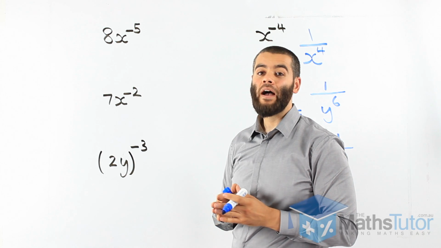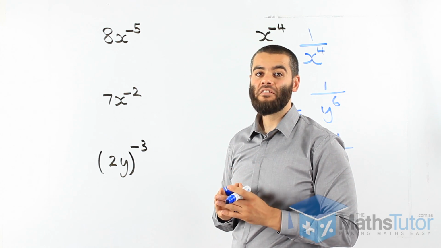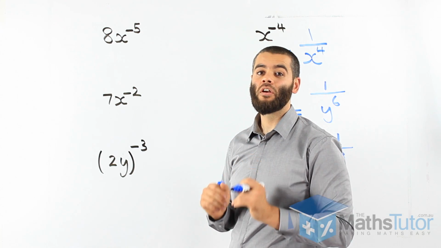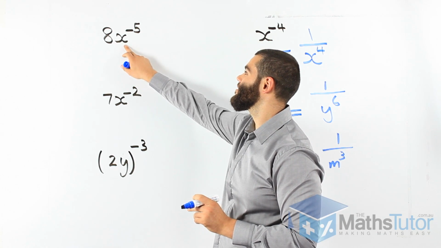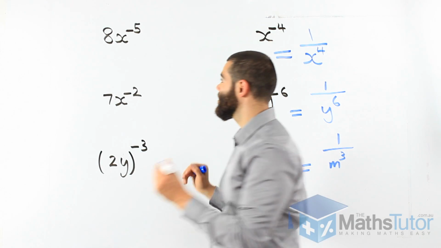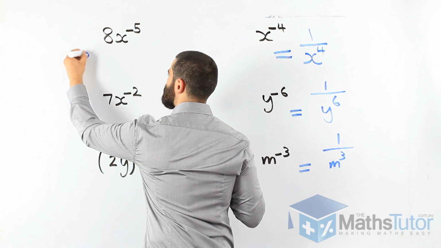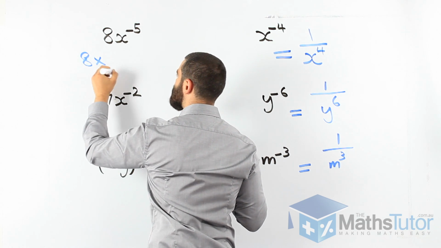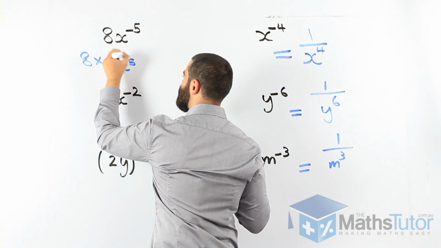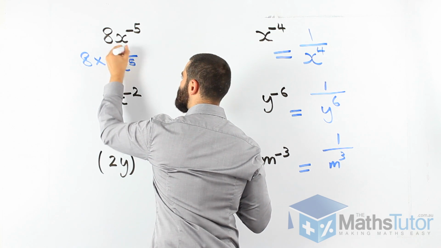8x to the power of negative 5. What is to the power of negative 5? Is it the 8 or is it the x or is it both? Well, we know it is only the x. So 8x is actually 8 times x. So we write it like this. 8 times x to the power of negative 5, we know x to the 5, and the negative becomes 1 over.